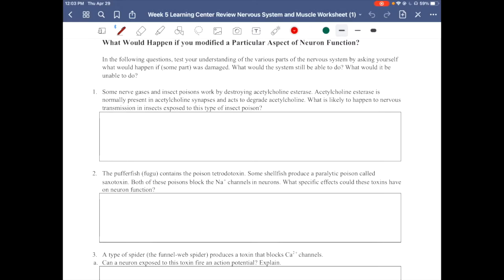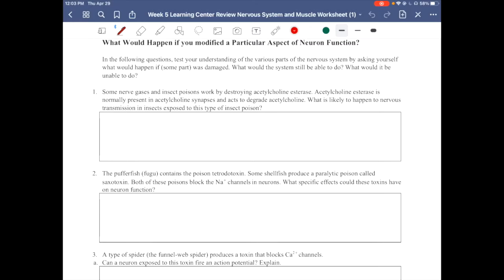And so this question is saying that acetylcholine esterase is being destroyed. And we know acetylcholine esterase removes or breaks down acetylcholine from the synapse, right? So if cholinesterase is destroyed, then acetylcholine will remain longer in the synapse. And if it remains longer in the synapse, then the postsynaptic neuron will be continuously stimulated by the acetylcholine. And that'll either depolarize it if it's excitatory.